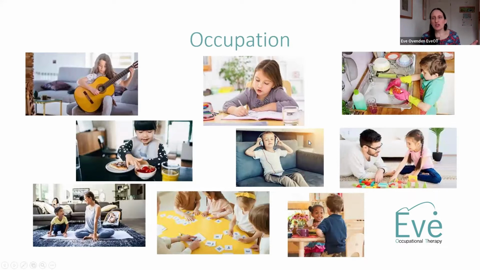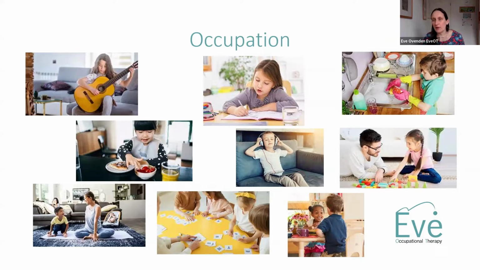Okay, so we've got a good idea of the child now. Now we need to think about the occupation that they're hoping to use that chair for. So this is some of the activities that children do in their everyday life that we'd hope that disabled children will be able to access as well. One chair doesn't necessarily enable them to do all of these occupations.